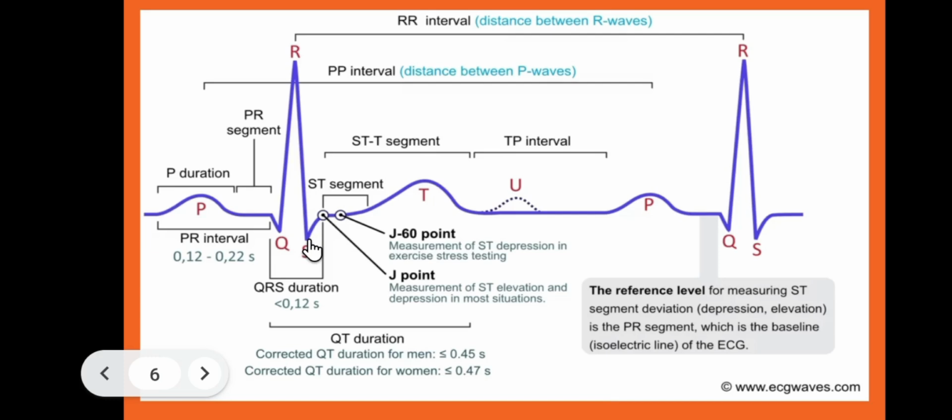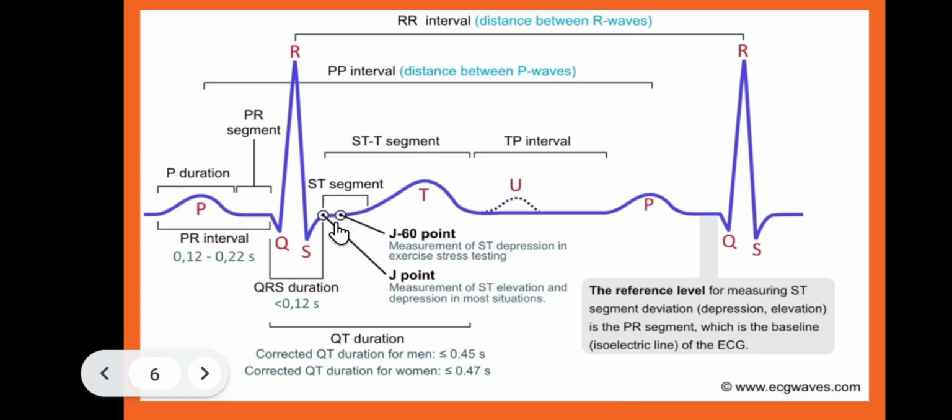Your ST segment, from the end of your QRS, so it's around here, to the start of the T wave. As you can see, there's a bump here on your T wave.